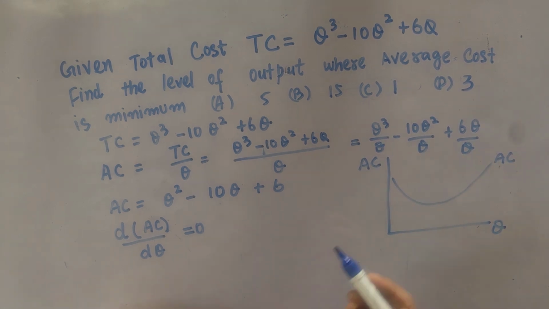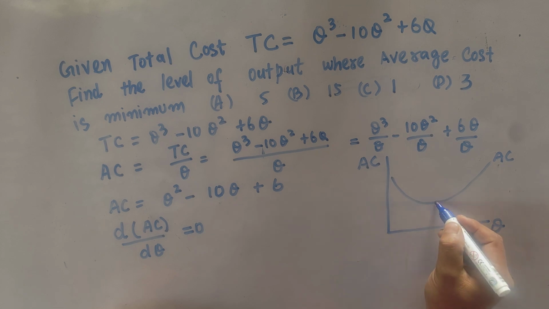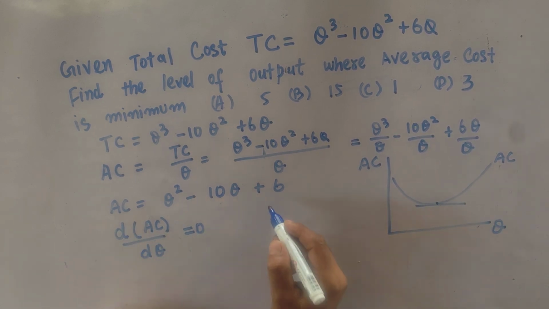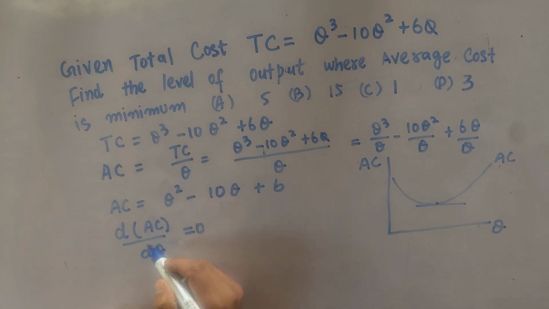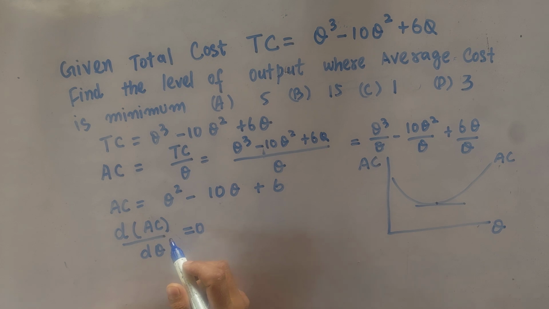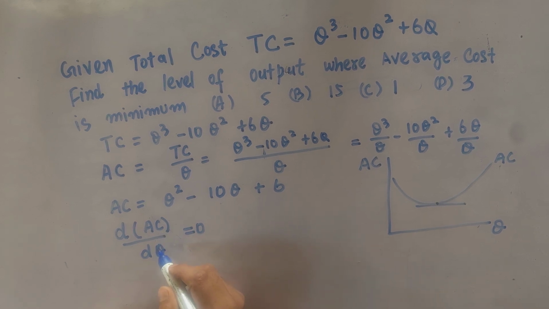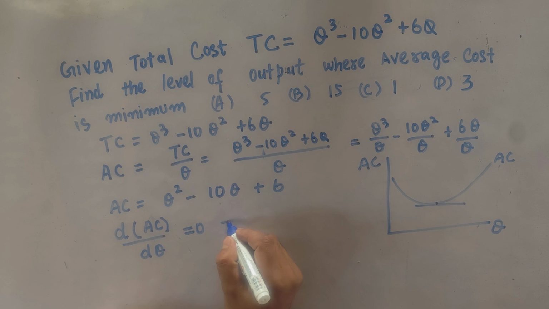Average cost will be minimum when the slope of the average cost is equal to 0. The derivative of the average cost function with respect to output gives us the slope, and where the slope is equal to 0 will give us the level of output where average cost is minimum.